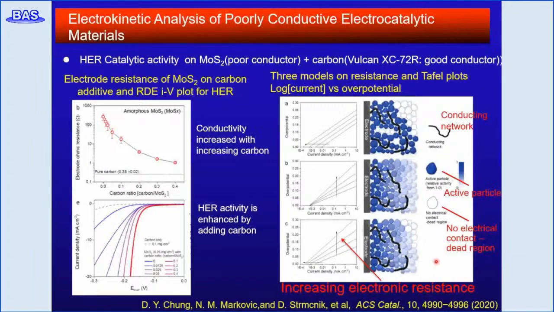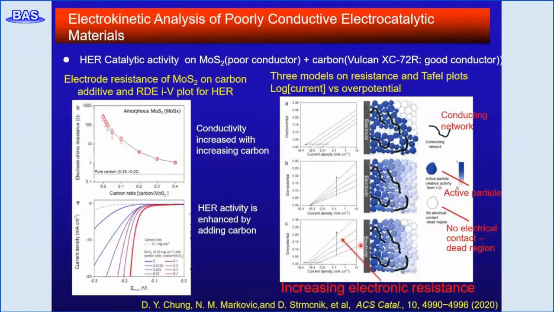The electron transport is examined by the rotating disk electrode. The experimental IV plot shows a change of the tafel slope with increasing carbon amount, which indicates that the resistance of the catalyst increases as the carbon increases.